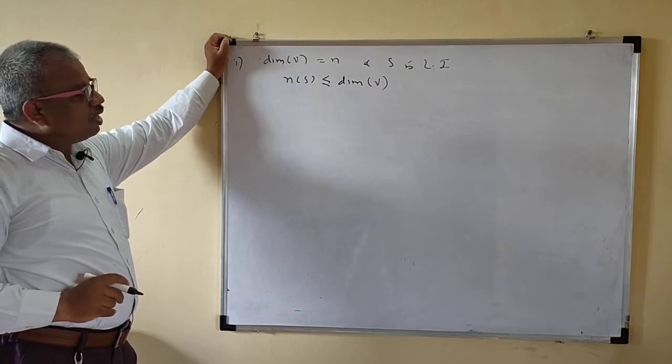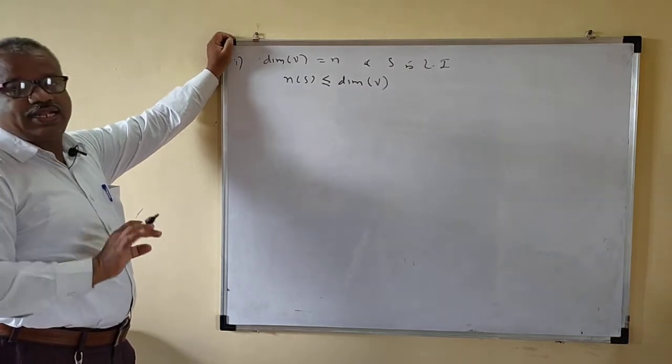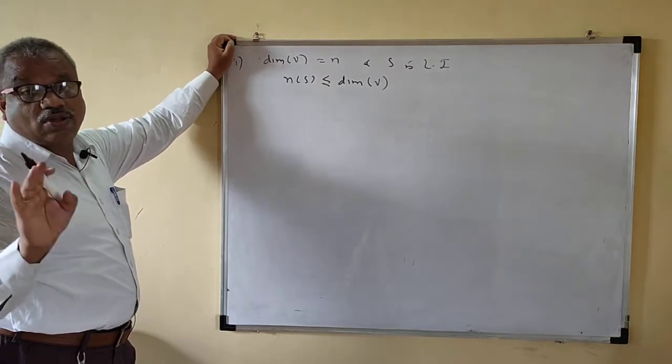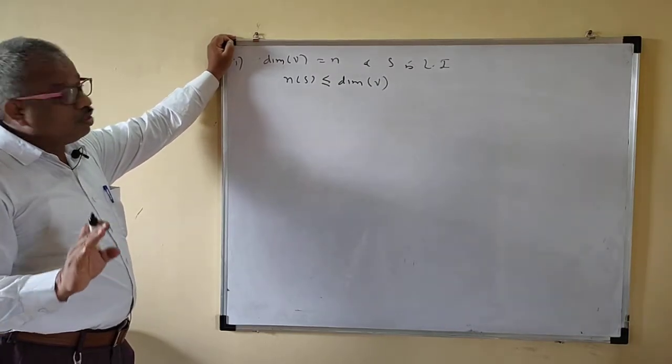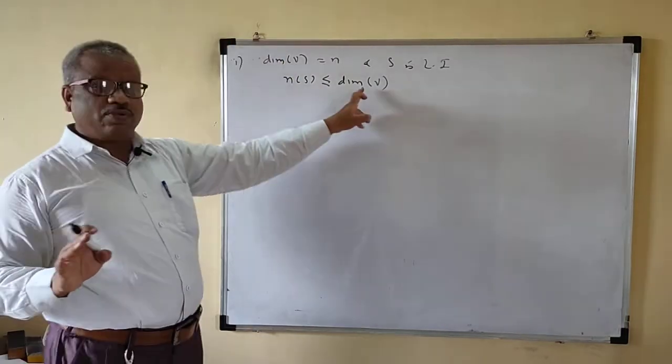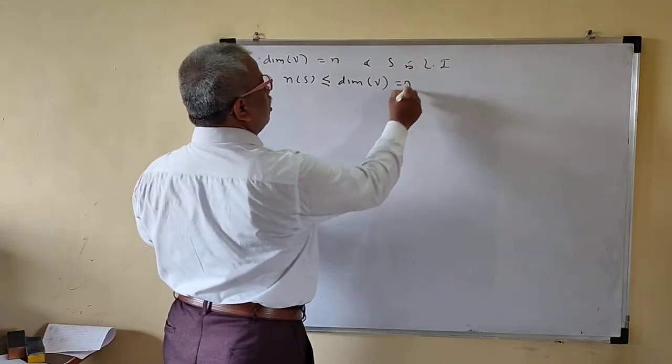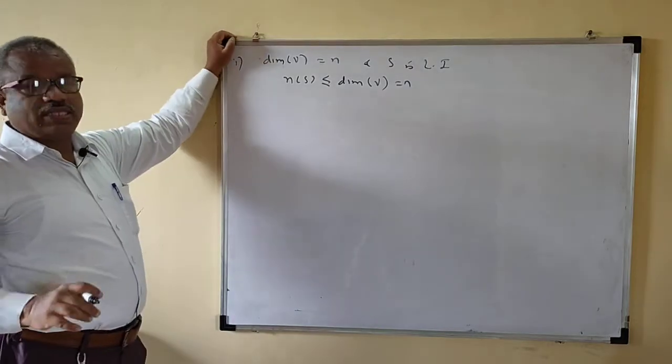The dimension of V is equal to n. If S is linearly independent, then the number of vectors in S is always less than or equal to n.